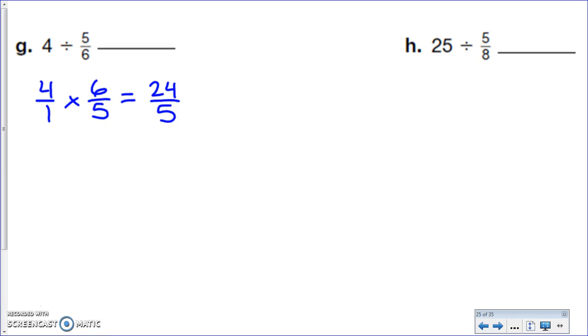And now we're going to divide to turn that into a mixed number. So we get a mixed number of 4 4/5.